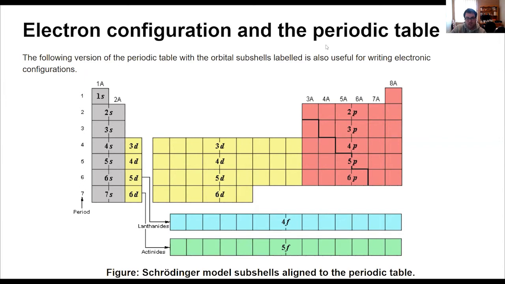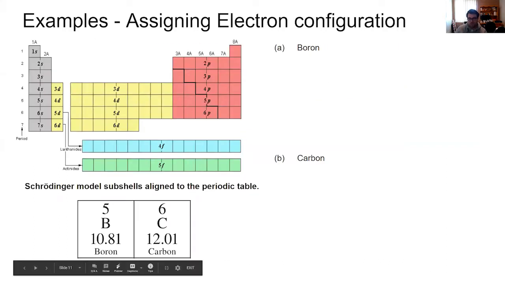Then you know how to use that map to work out the shorthand code for saying where electrons are found in the atom of the element, and use that to work out where an electron has gone when there's been a change. So, let's start with a couple of examples.